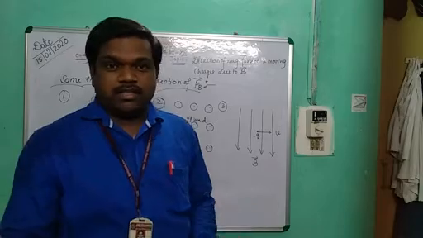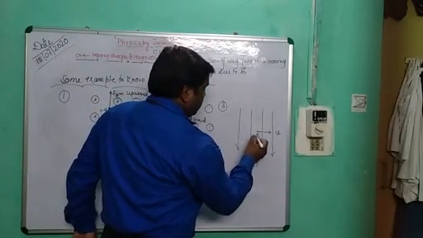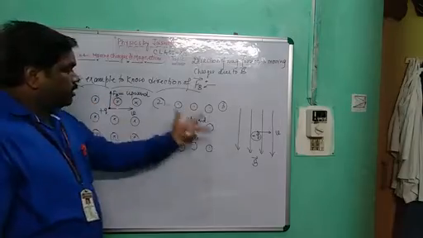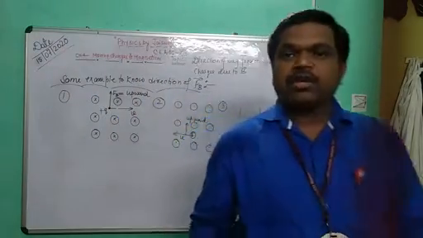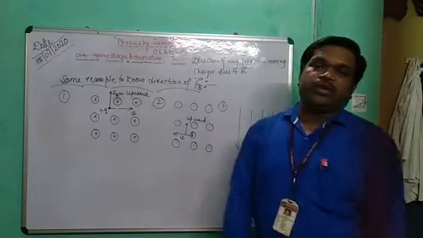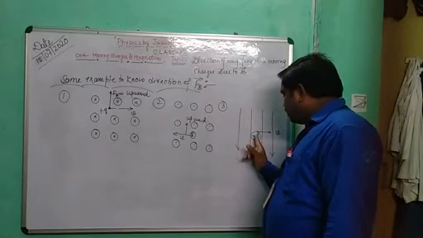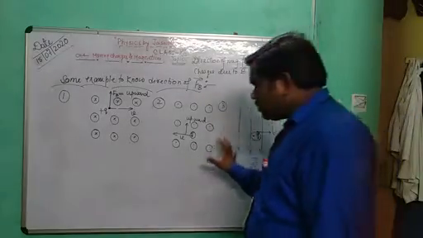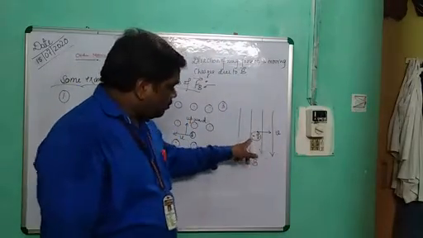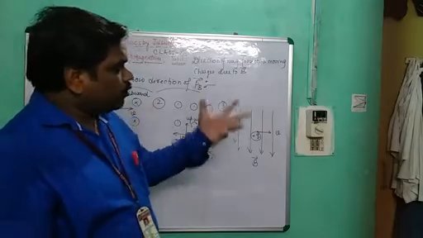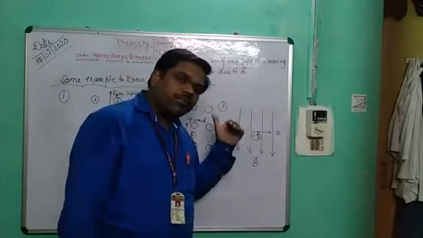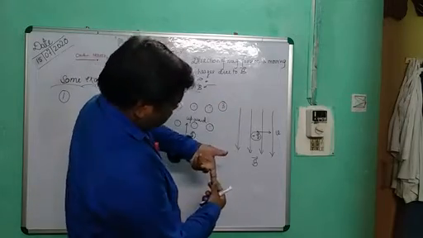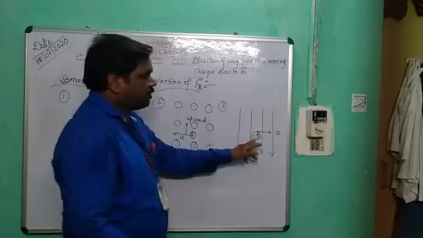But no, it is not correct. Since it is a negative charge, and we always apply Fleming's left hand rule for the motion of a positive moving charge, the direction of magnetic force in this case will be just the opposite. In this case, the magnetic force direction given by Fleming's left hand rule is inside, but since we are considering a negative charge, let us check once again. This is V, this is inside, but it is a negative charge.